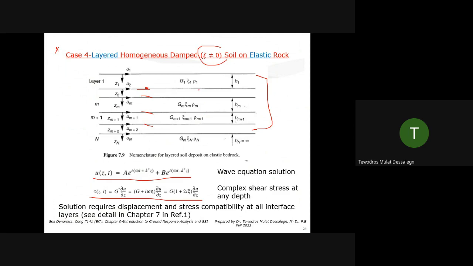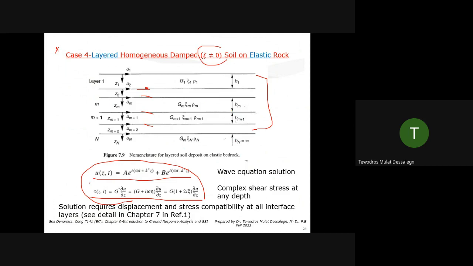This is not something you do by hand. But I'm trying to help you understand how it is done in software. So when you run software like SHAKE, a wave propagation program, this is what it does. Because they are solving the wave propagation equation, and you can introduce so many layers in SHAKE, and it solves it pretty quickly. But this is what it does.